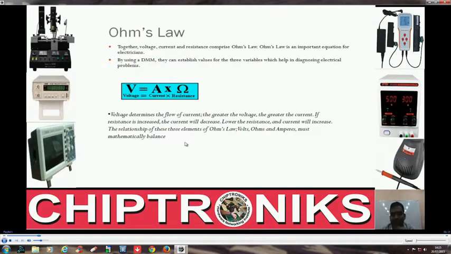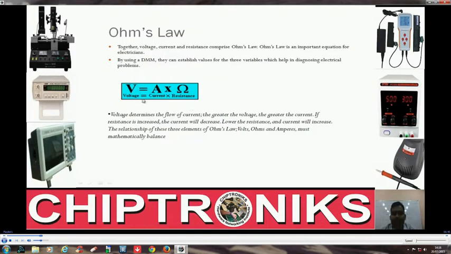So Ohm's law is basically the underlying principle behind the operation of any electronic circuit, and this is the relation: V, voltage, is equal to I times R. I is current, measured in ampere, so this is A, and resistance is measured in omega.